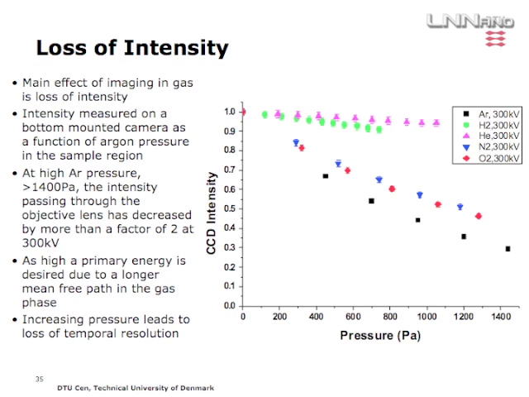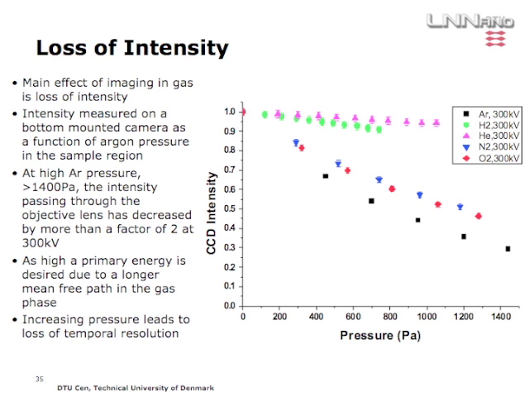Well, the main effect of having the gas in the microscope is loss of intensity. So over here we try to record just the intensity, no sample in the beam. You can see for the lighter molecules like helium and hydrogen, there's basically no change as you increase the pressure. These are helium and hydrogen up here.